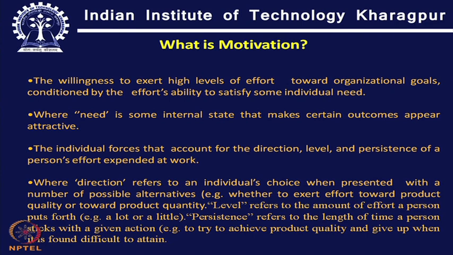Level refers to the amount of effort a person puts forth. Example, a lot of effort or a little effort. Persistence refers to the length of time a person sticks with a given action, for example, trying to achieve product quality and giving up when it is found difficult to attain. So, whether you go on trying or you give up after a certain point of time denotes your persistence towards certain things.